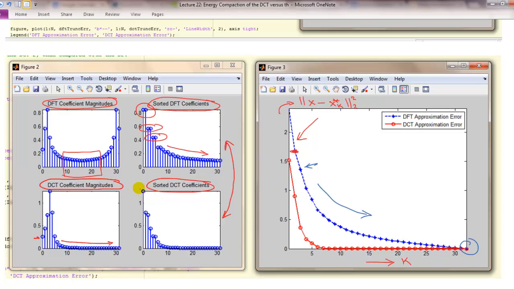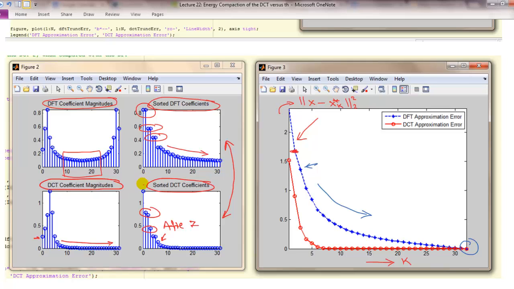The DCT has a really big coefficient, then two other larger ones, then another large one, a few more, and then after 1, 2, 3, 4, 5, 6, 7, after 7 coefficients, the other coefficients are becoming really small. Compare that to the one above. After 7, they still have a lot of energy left in them. Okay?